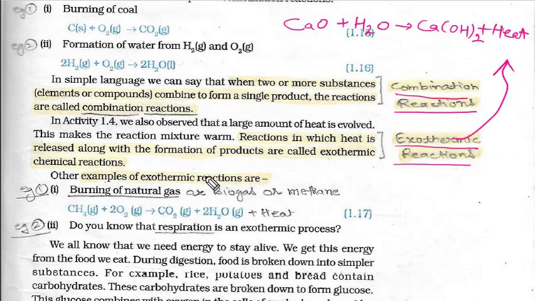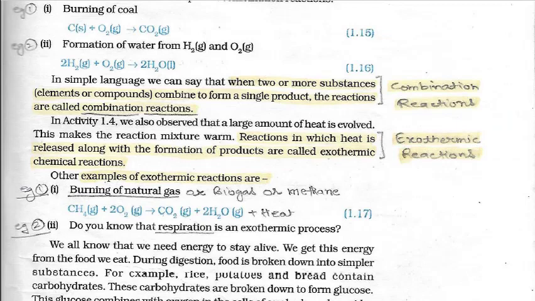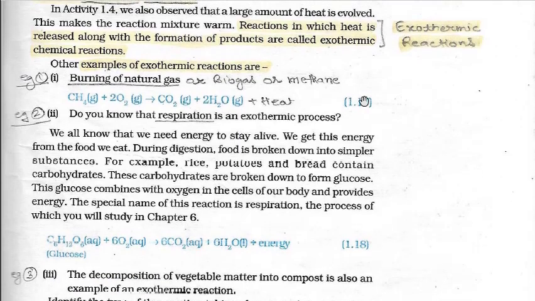Now we have some more examples here. Our first example is burning of natural gas. Whether it is natural gas or biogas or methane, all three are the same, and the formula for all of them is CH4. This CH4 is called methane.